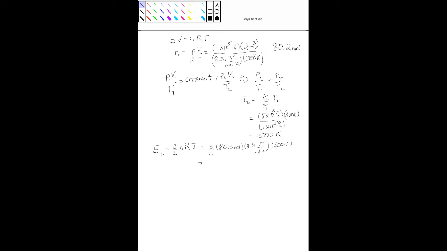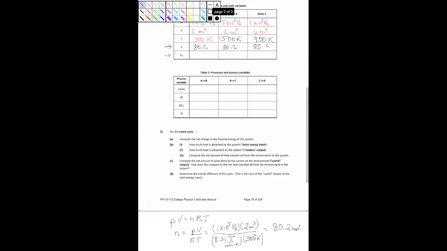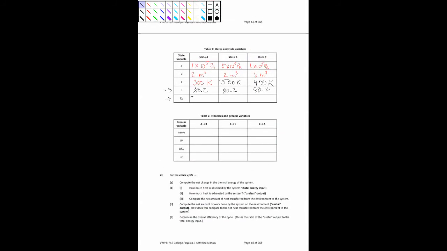You plug all these numbers in your calculator, simplify the units, and what you should find is that the thermal energy is 300,000 joules. Okay? So that is our thermal energy at state A. And in fact, to get the thermal energy at state B and C, it's exactly the same formula, just our numbers change.